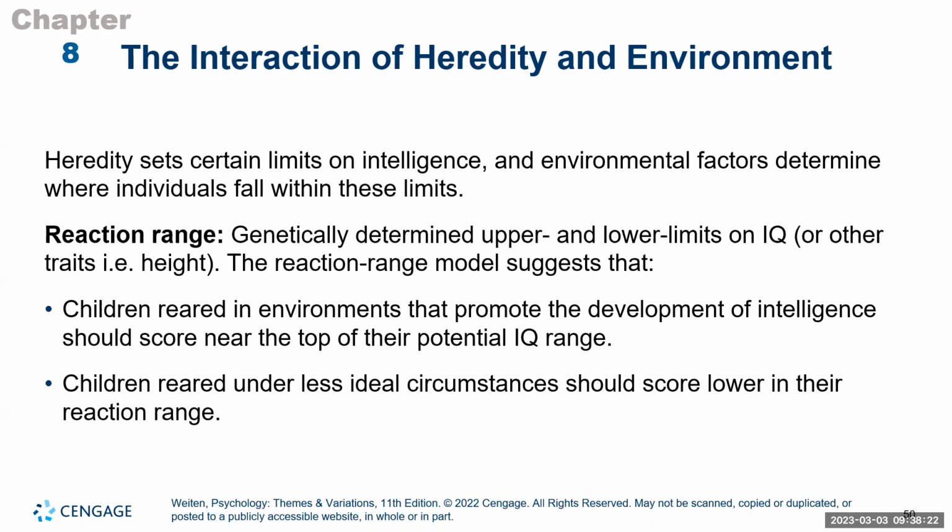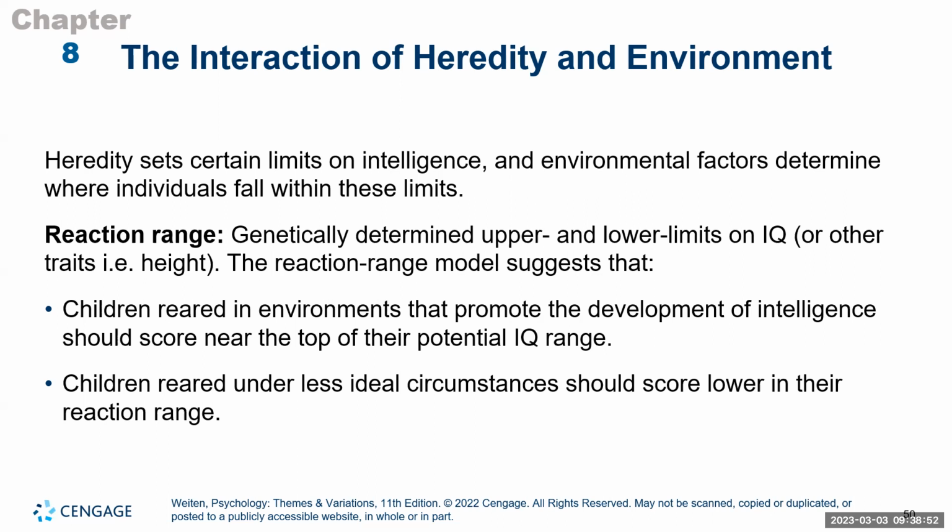And the environmental factors play a role in whether they're going to reach their upper limit of intelligence or go more towards their lower limit, right? So when we talk about someone being reared in an environment that is very enriching, very stimulating, they will likely reach their upper limit of their IQ, right? But if someone is in a less enriching, a really deprived environment, they probably will hit their lower limit of their IQ.